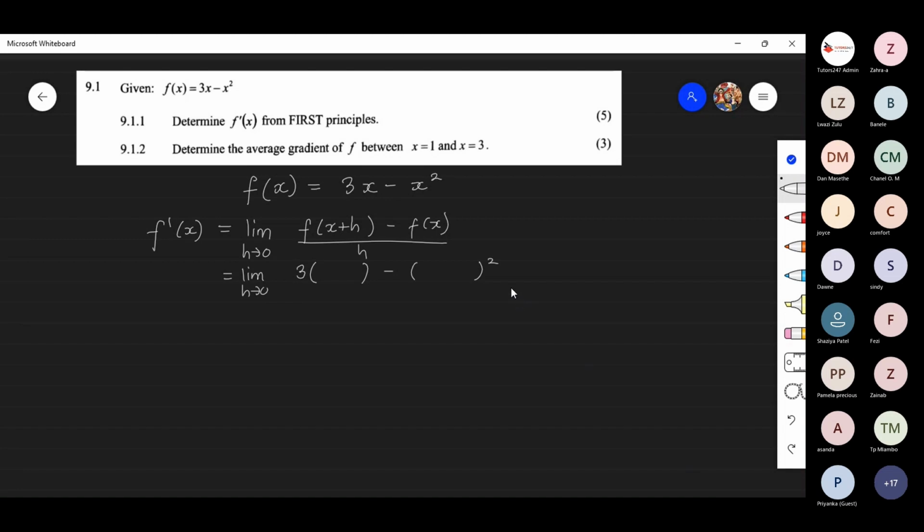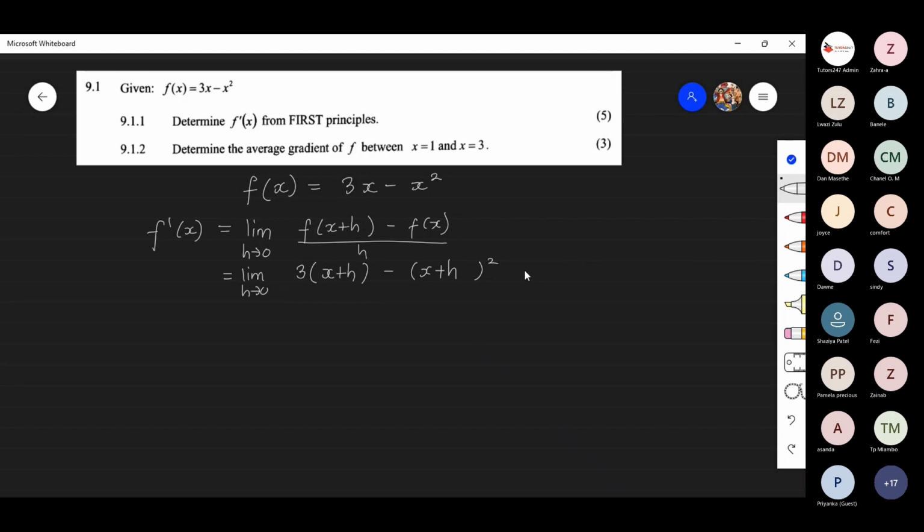Now in place of those brackets, we just put x plus h, x plus h. So all we did was wherever we had x, we put x plus h.